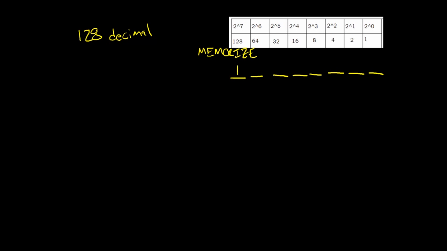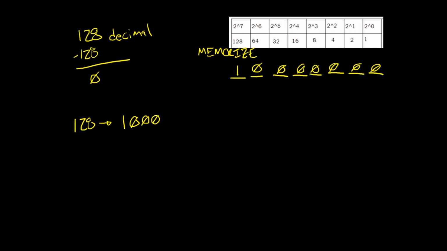And does 128 go into 128? Yes, it does. This leaves us with nothing, and so you know that all the rest of these will be zeros. So 128 written in binary is 1, 0, 0, 0, 0, 0, 0, 0.